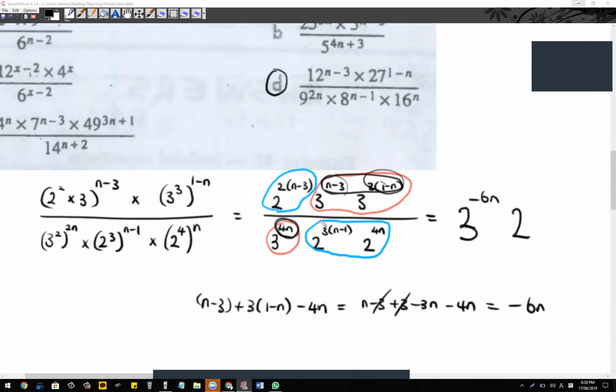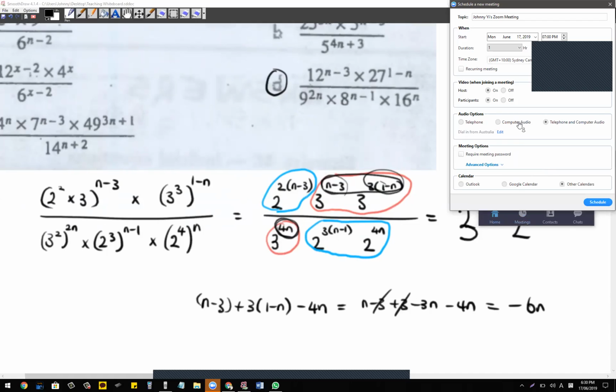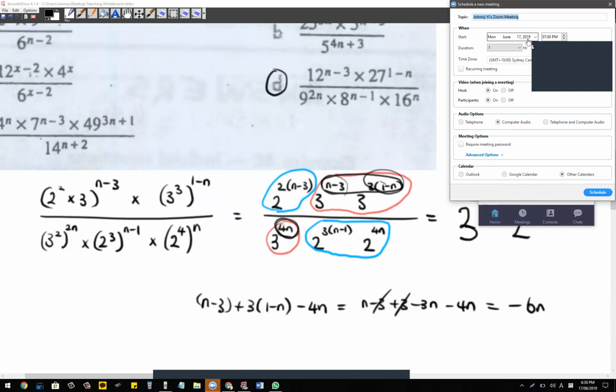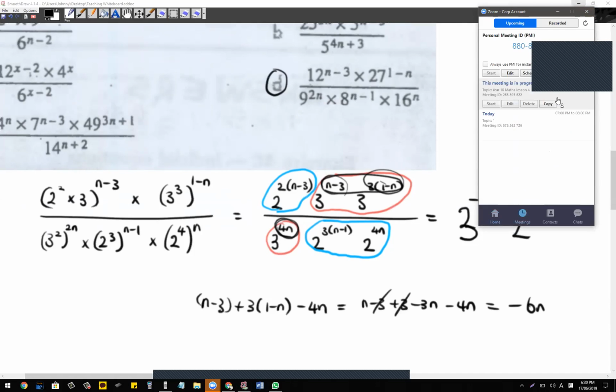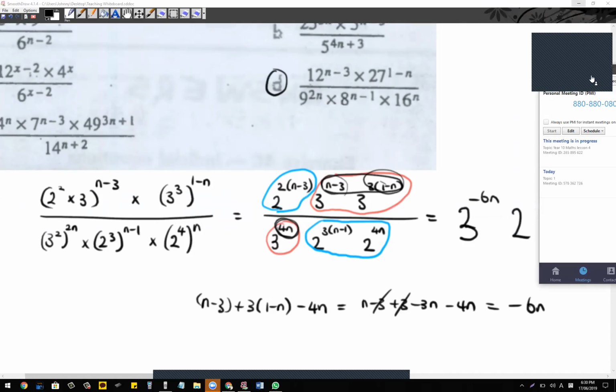So you got to do that minus this minus this. So once you finish, you can type your answer on our group chat.